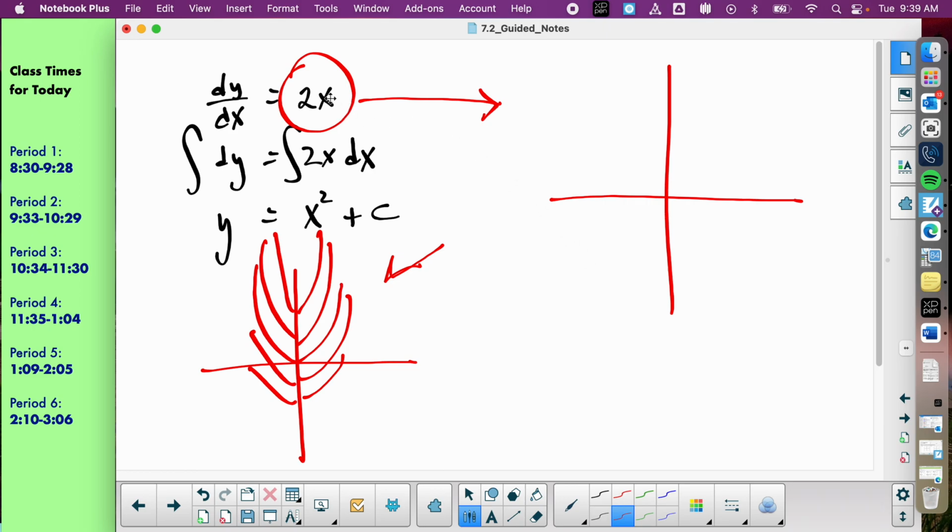So if we draw all of the slopes, so like if I go at the point 0, 0, and I plug in 0, 0, I get an answer of 0. If I go to the point 1, 0, well, there is no y value here, so it doesn't affect it. But the point 1, 0 would give us an answer of 2. 2 times 1.